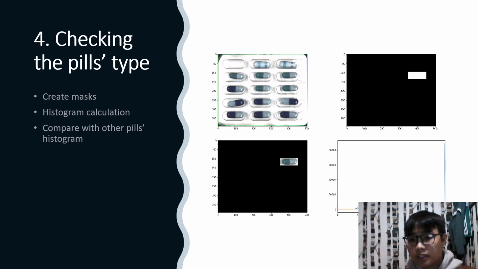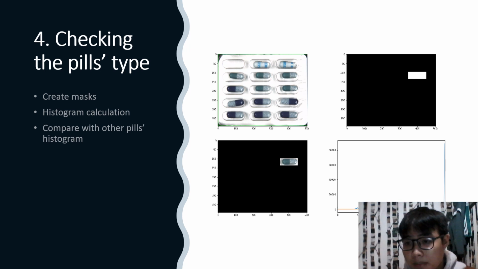If the correlation between the two regions is bigger than the fixed threshold, I fixed the threshold at 0.8. 0.8 means 80%. With 80%, this is the same type of field.